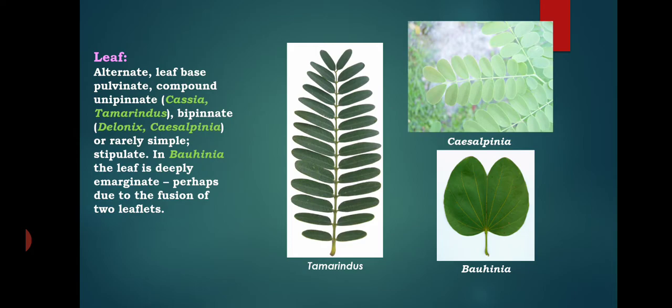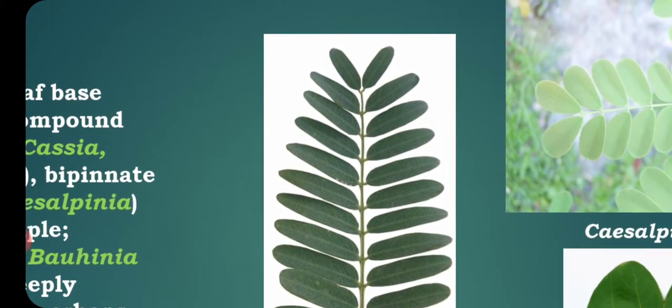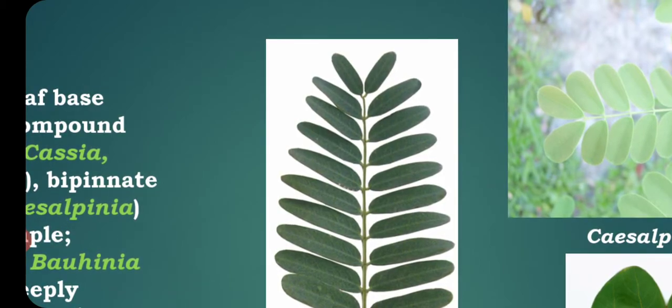Here the first photo explains the tamarindus leaf. Suppose we concentrate on the tip portion, we can see these two leaflets are not exactly opposite. One is present on the upper portion, that's why it is unipinnate. Otherwise it appears as bipinnate.